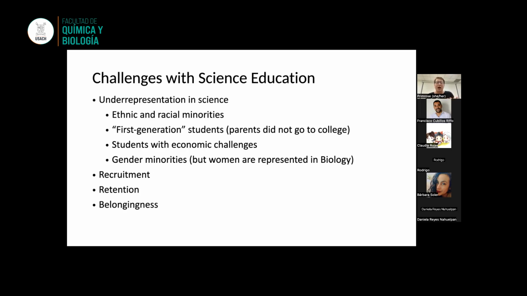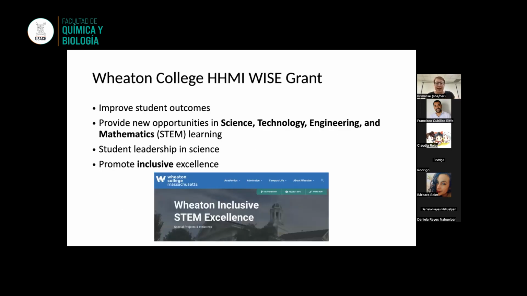And so our college applied for a grant to work on these particular challenges. And then we got this grant. And so all of the work I'm going to tell you about is curriculum that was developed by myself or by my colleagues using support from this grant.